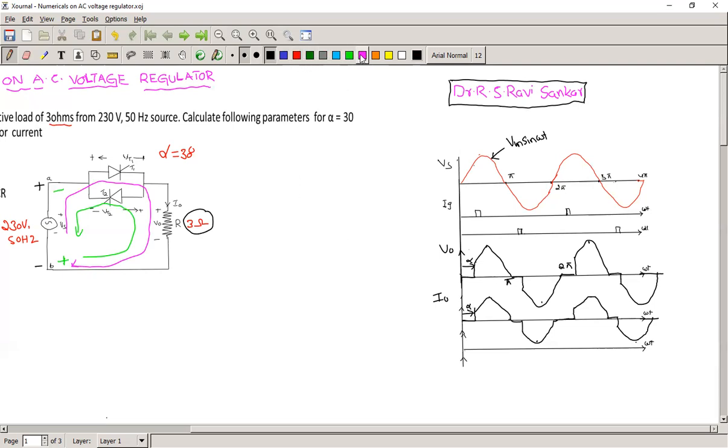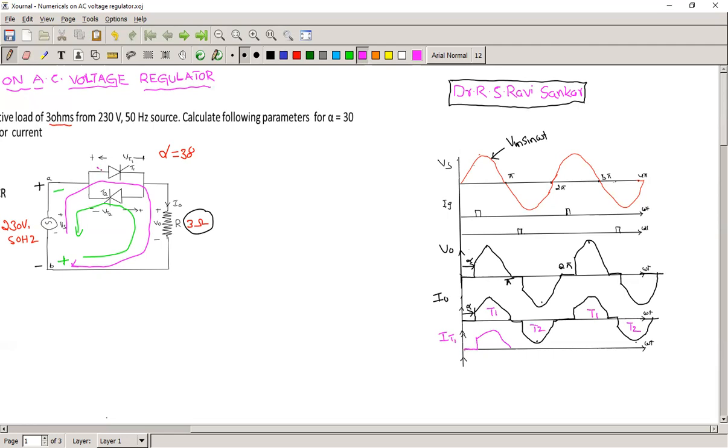Now we have to find the average value of thyristor current. In this interval, T1 is conducting. In this interval, T2 is conducting. In this interval, T1 is conducting again. If we draw the waveform for T1, this is the current passing through T1, IT1.